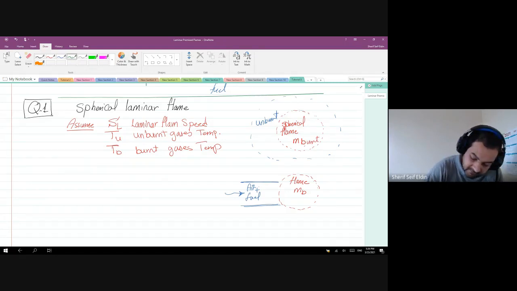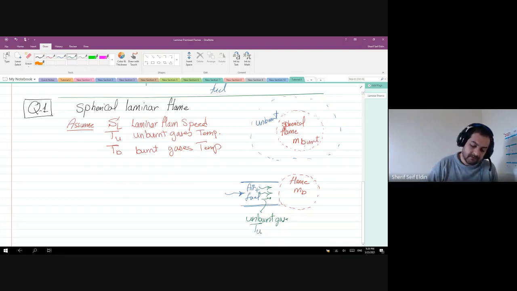Whatever comes here through the pipe is unburned gases. It has a temperature Tu, and this has a temperature Tb. This is the burned gas temperature, and the flame also propagates with a laminar flame speed SL.